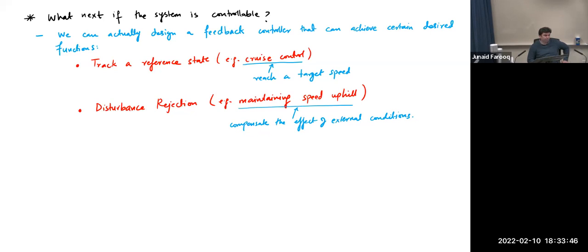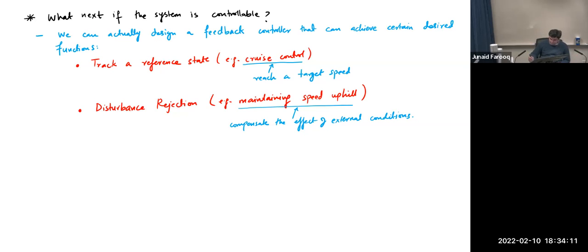For example, if you rotate a dish antenna to a certain direction and the wind changes its orientation, the feedback controller can realign it by adjusting and compensating for the disturbance that was caused.